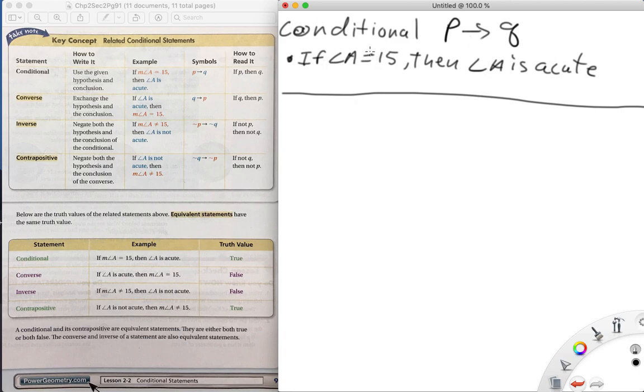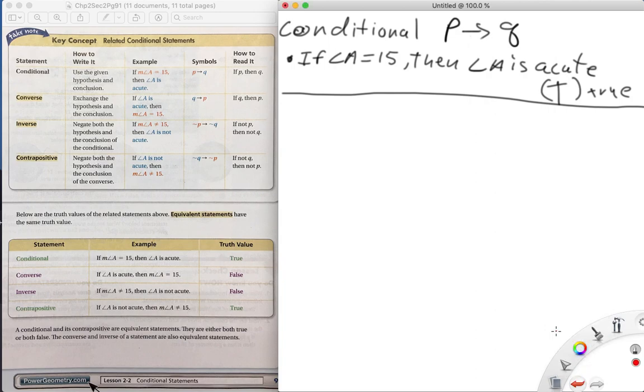This is true, right? If I have something that's 15, then I know that it's acute, so I give it a truth value. The truth value is basically saying, is it true or false? So I'm going to write T for true, because 15 is less than 90 degrees.